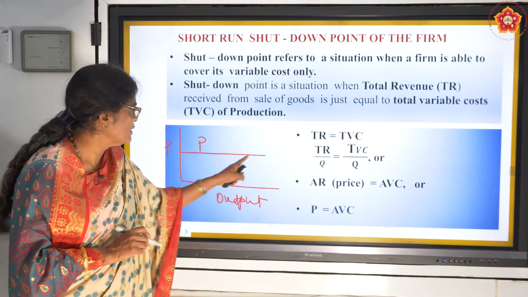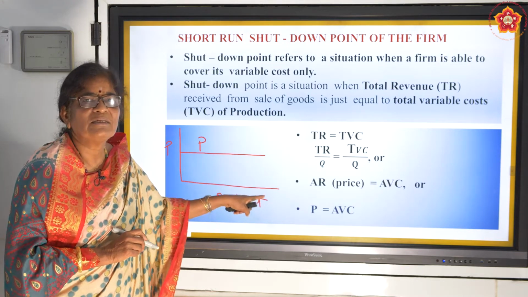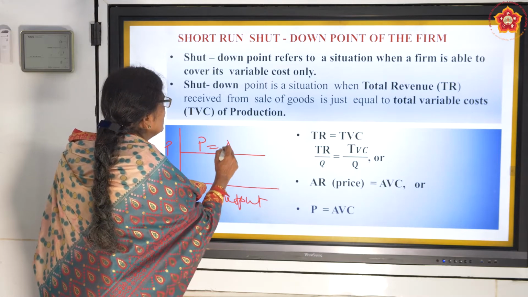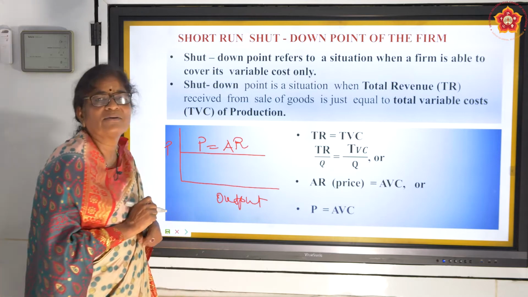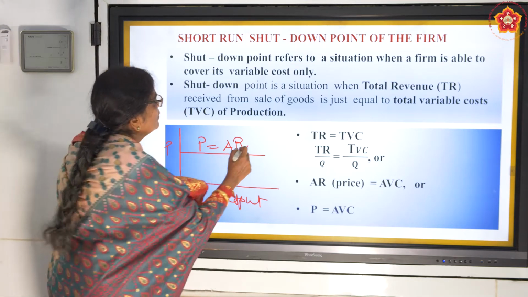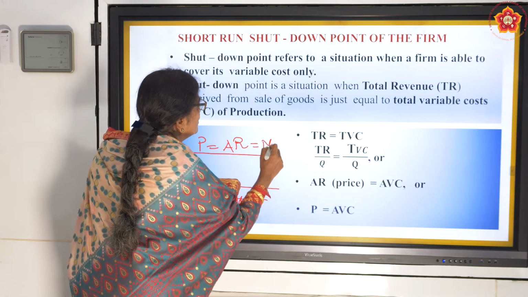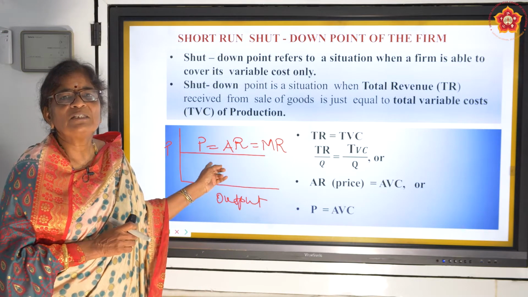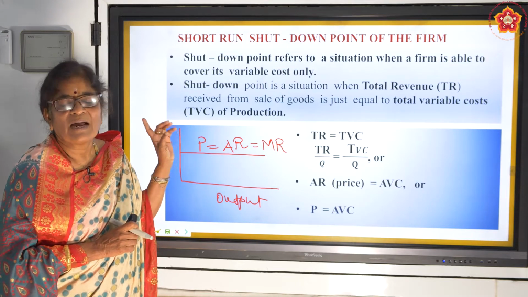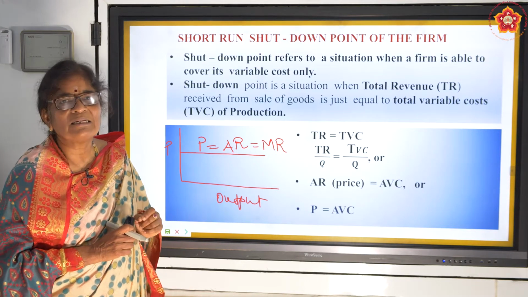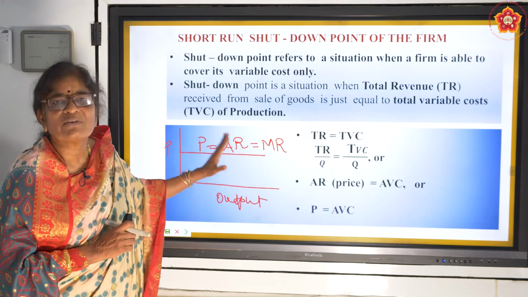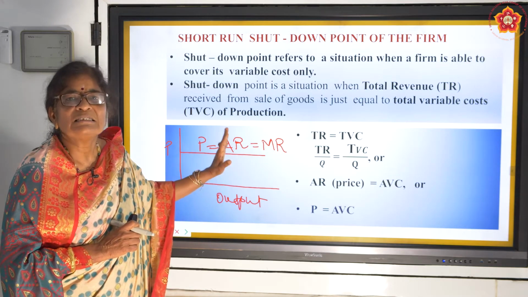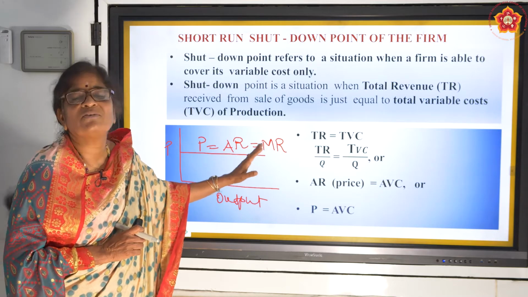Therefore, P is constant, parallel to the x-axis, a horizontal line. We also proved that P is nothing but average revenue, AR, and also MR. Therefore, for a firm functioning under perfect competitive market structure, the price line is equivalent to the average revenue curve of the firm, and also the same price line is equivalent to the marginal revenue curve of the firm.